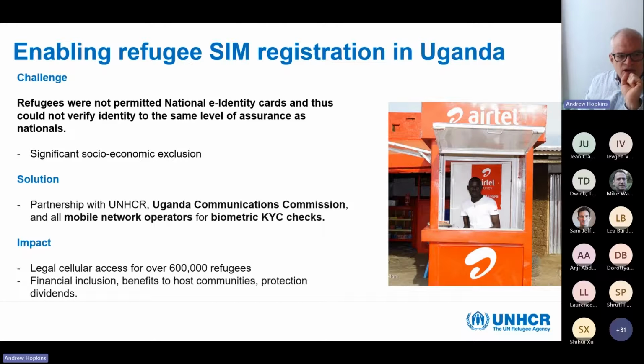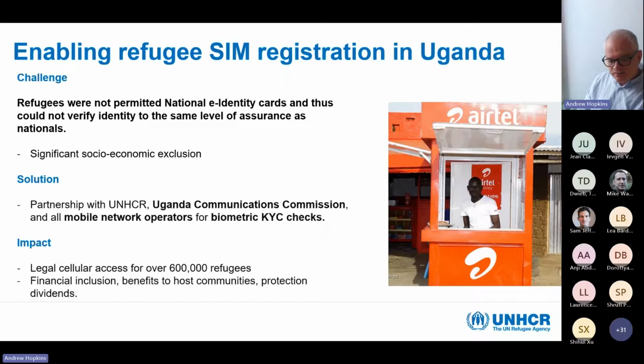So what we did was we came into an agreement, through our interoperability platform, with the Uganda Communications Commission to allow the kiosks to biometrically check, as they did for their citizens, against our refugee data. So what they would get was a yes or a no: yes or no, this person is a refugee, registered jointly by UNHCR and government, and then that would result in the provisioning of a SIM card.